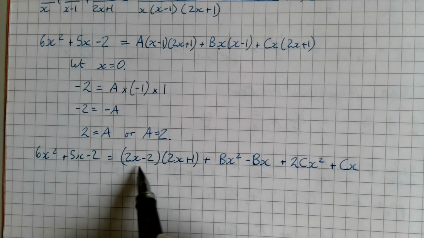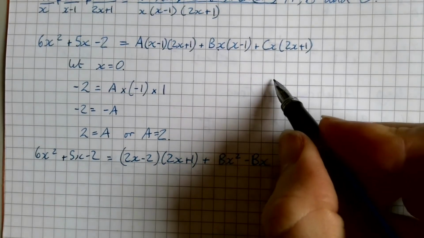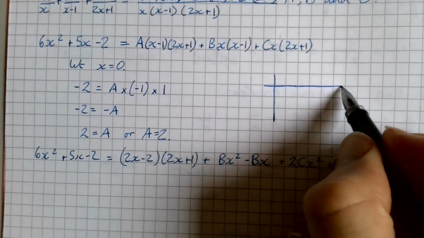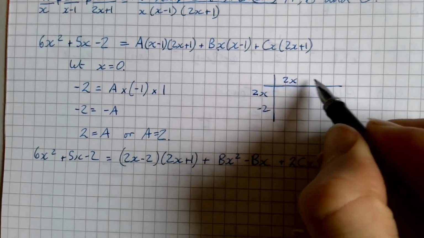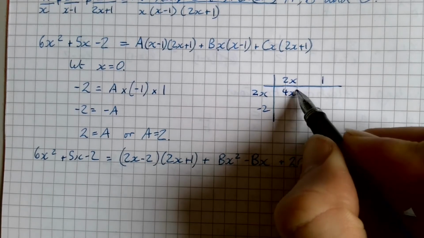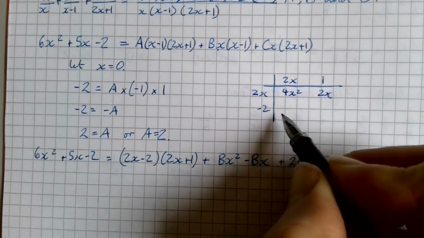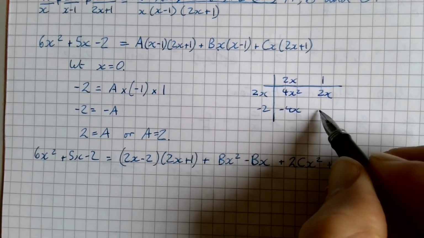And if I just expand this now, 2x and minus 2, 2x and plus 1, I get 4x squared, 2x minus 4x minus 2.